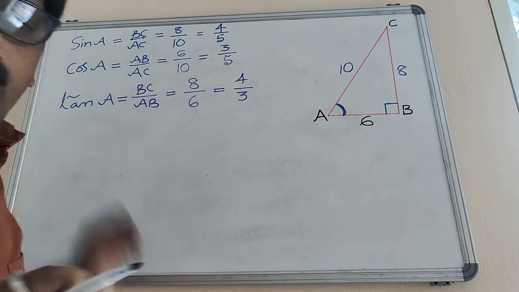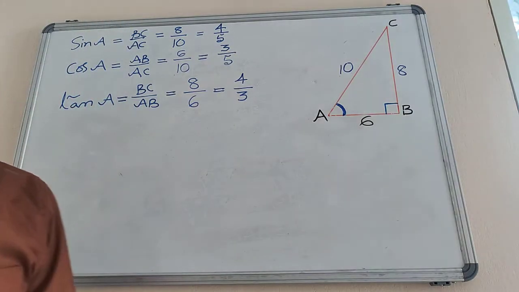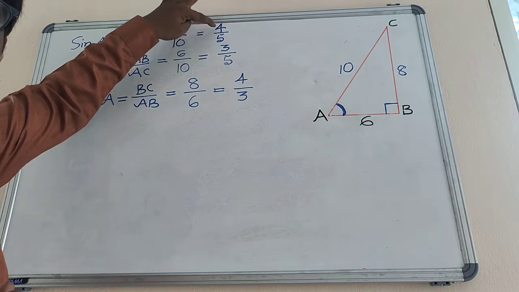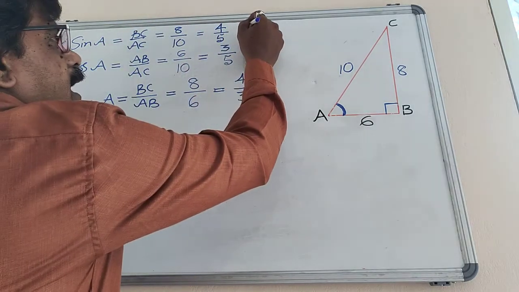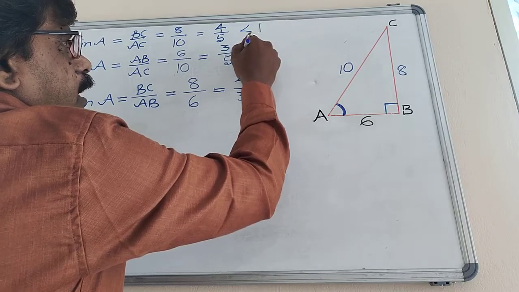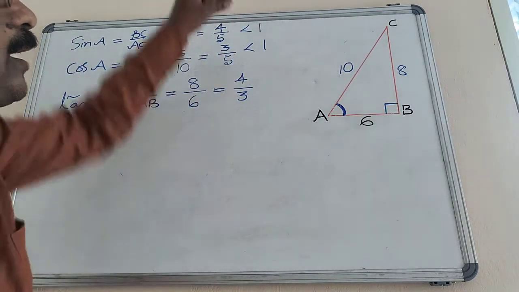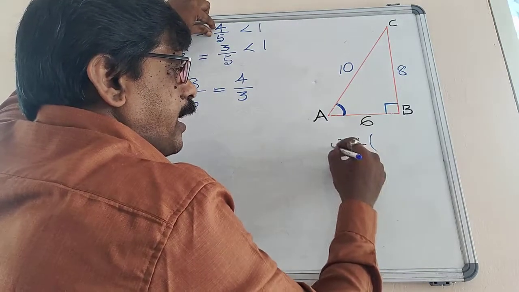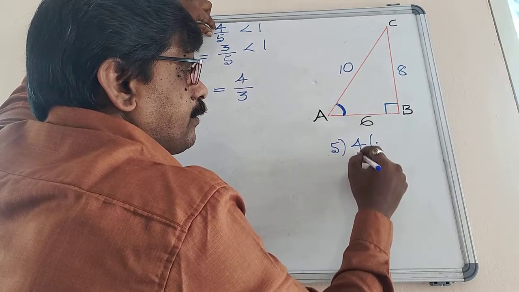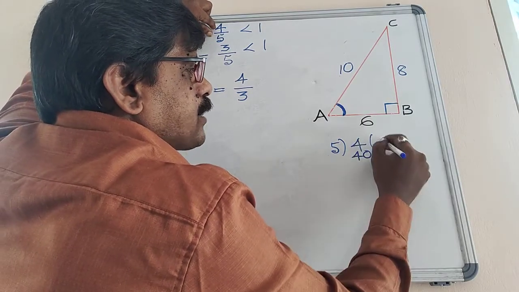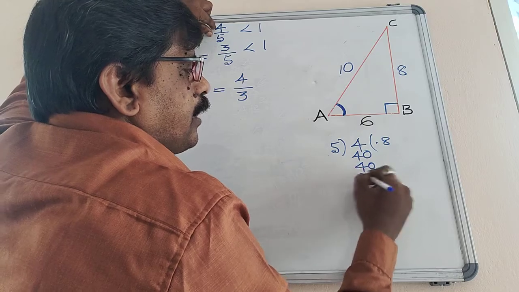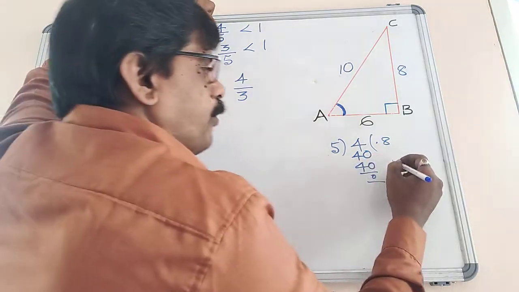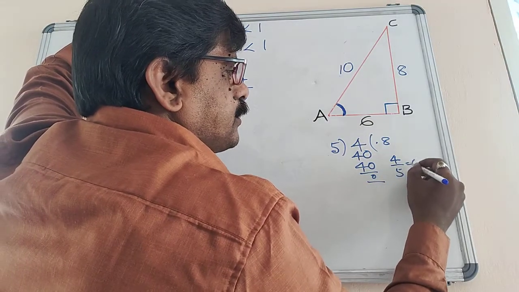Now you have to observe that sine and cos, that's a very important concept. So sine and cos ఇక్కడ మనం తీసుకున్నట్లయితే 4/5, 4/5 means that is less than 1. 3/5 is less than 1. అంటే ఇది మనం సింప్లెస్ట్ చేసినట్లయితే 4/5 అనేది 0.8. 5 8s are 40. 4/5 means 0.8.